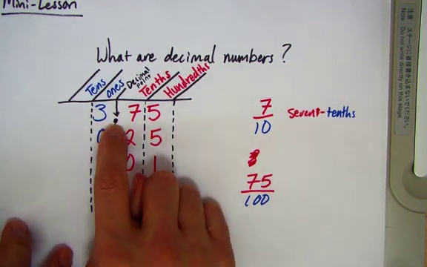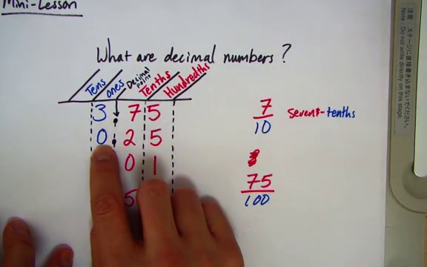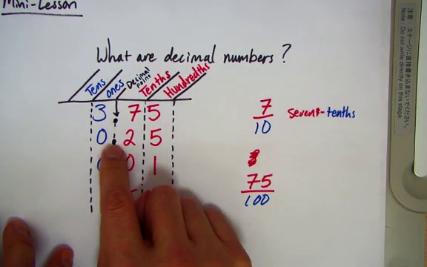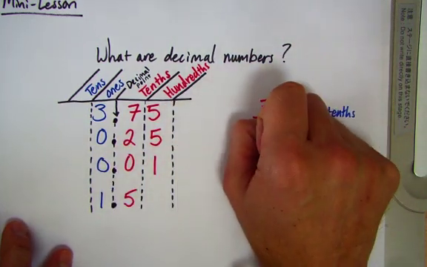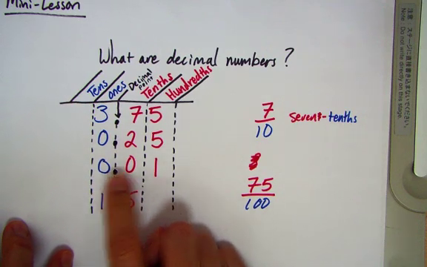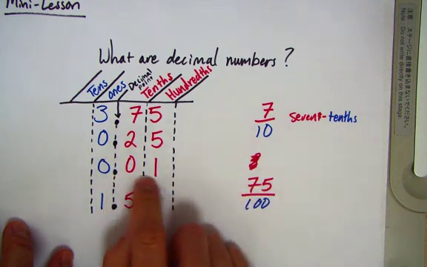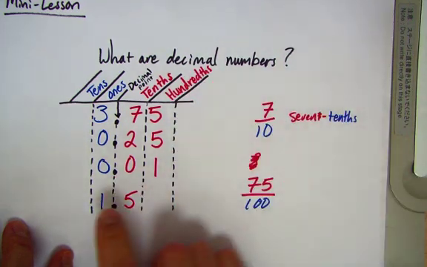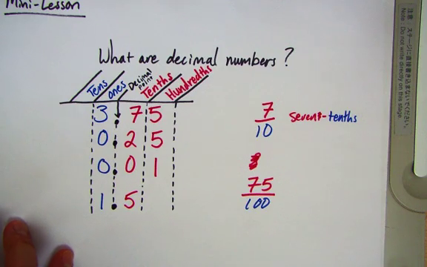3 and 75 hundredths. I could say 0 and 25 hundredths, or I could just say 25 hundredths, because there's nothing there. 0 and 1 hundredth, or 1 hundredth. This is 1 and 5/10. Okay.